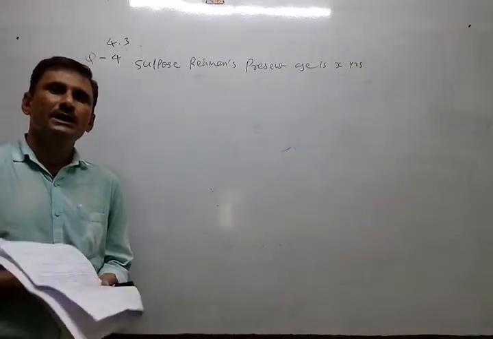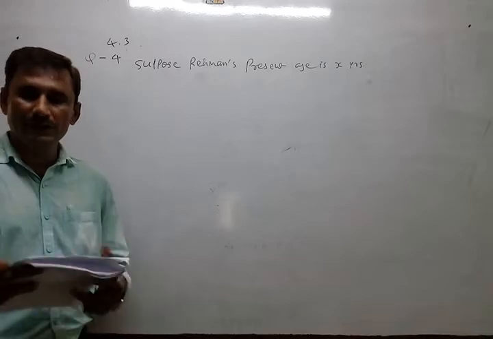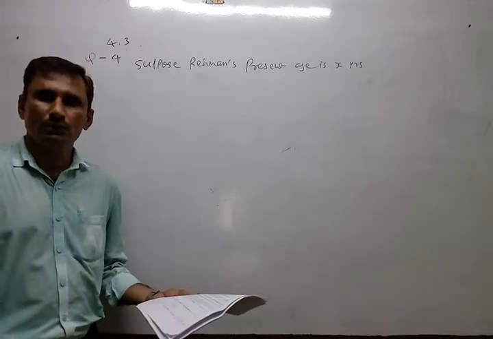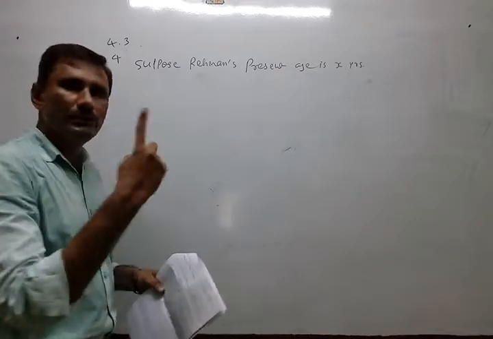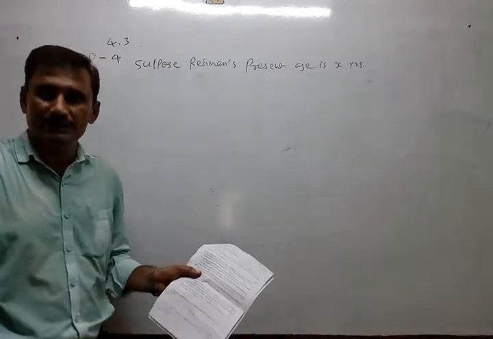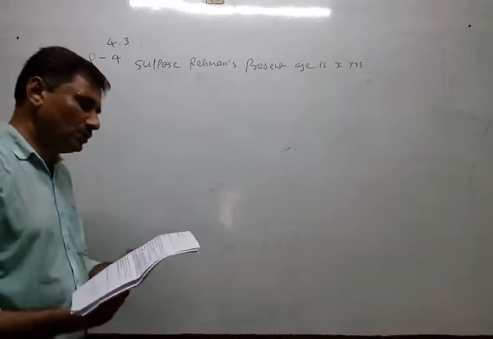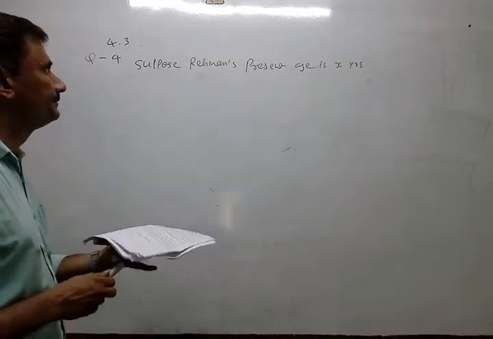So obviously his age before 3 years and after 5 years, you know, is x minus 3 and x plus 5. And one variable only is needed because one person is there, not two separate persons. Understand? So now write down the statement.